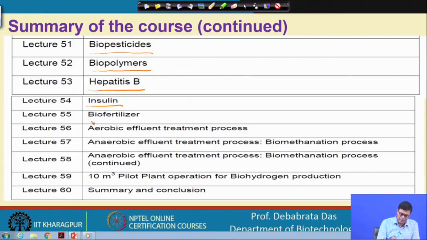Then I discussed the biofertilizer, because we live in a vastly populated country and we require a lot of food, and this enhancement of food production is mainly taking place with the help of fertilizer, and mostly we use chemical fertilizer. Now, if we use chemical fertilizer to a great extent, the fertility of the soil will be lost.